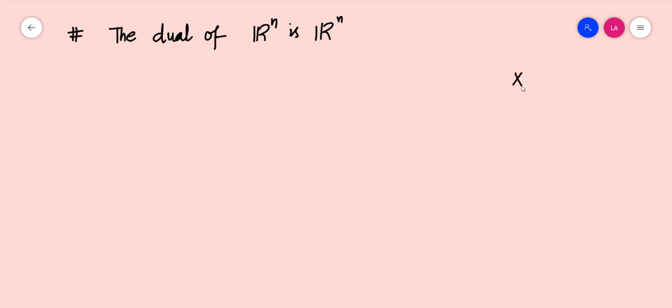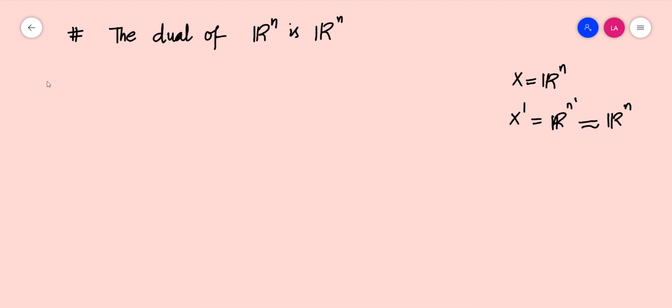Here X is equal to Rn. So we have to find X dash, which is equal to Rn dash, the set of all bounded linear functionals defined on Rn. We will be proving that this is actually isomorphic to Rn itself, or we can define an isomorphism from Rn dash onto Rn. Okay, that's our objective.